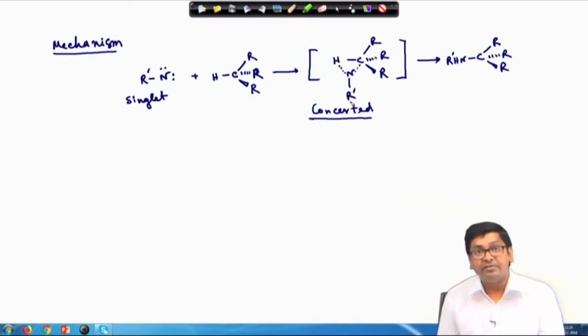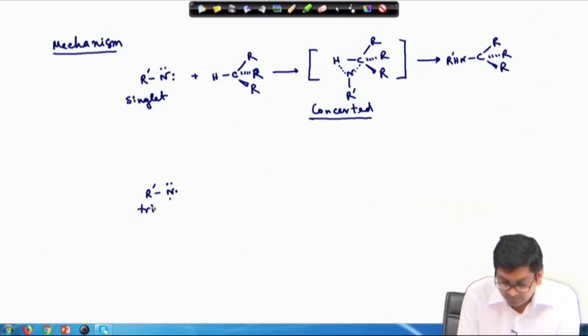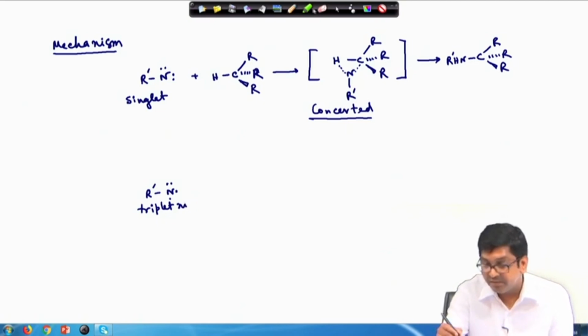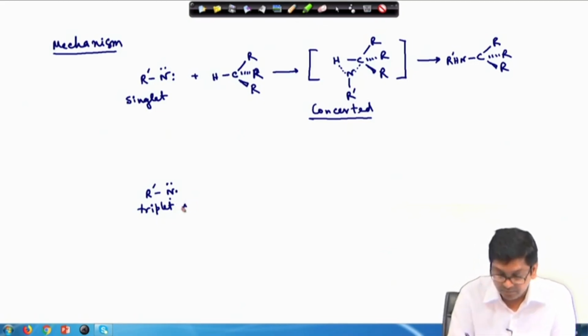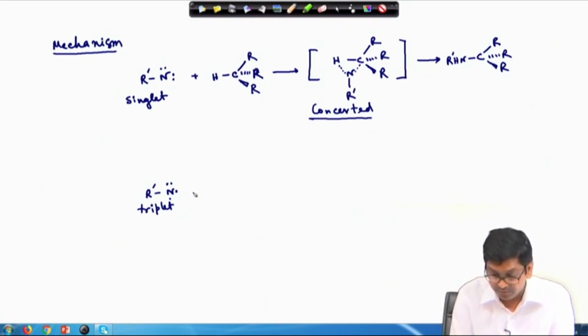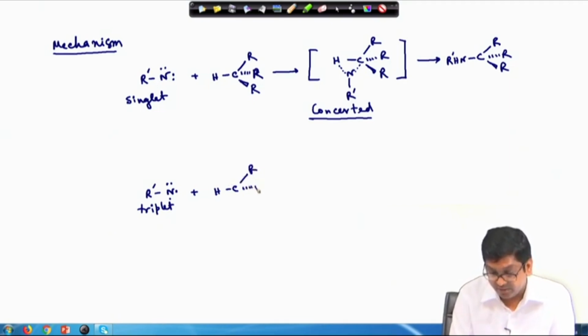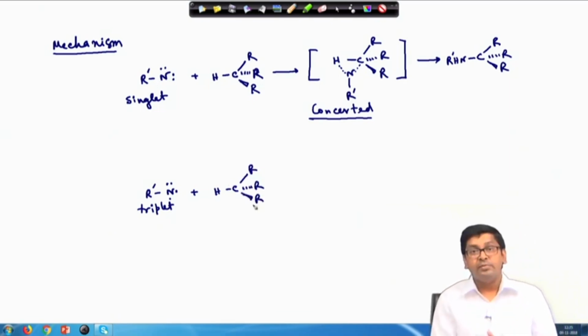What will happen if it is a triplet nitrene? This is triplet nitrene. In similar fashion, this can react with a carbon hydrogen bond, but the mechanism will be different.